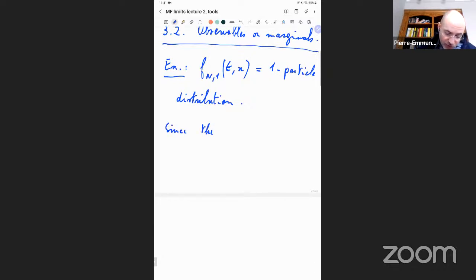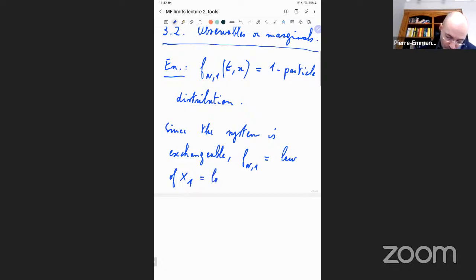Now, since the system is exchangeable, Fn1 is actually equal to the law of x1, and it's equal to the law of xi for any i. The system is exchangeable, it's symmetric, right?